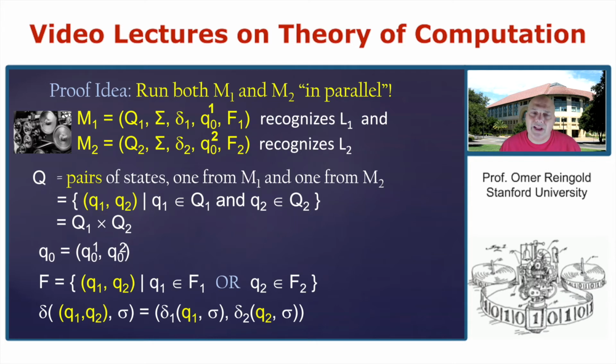So delta that gets the state Q1, Q2, and the symbol sigma will move to the state whose first component is delta 1 of Q1 and sigma, whatever M1 does when it is in Q1 and reads sigma. And the second component is delta 2 of Q2 and sigma.